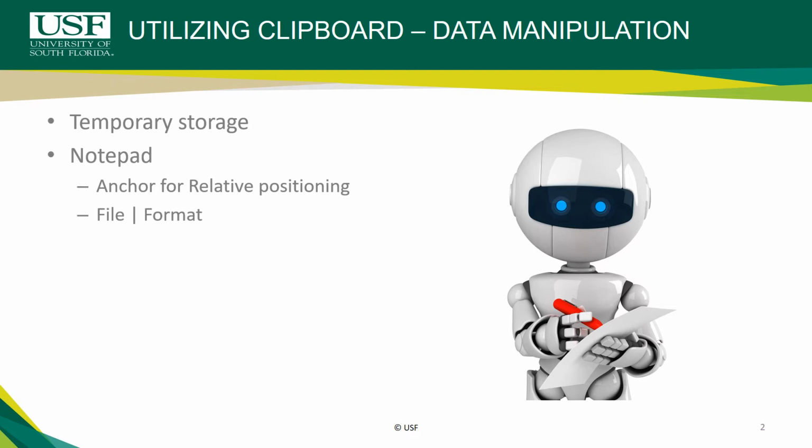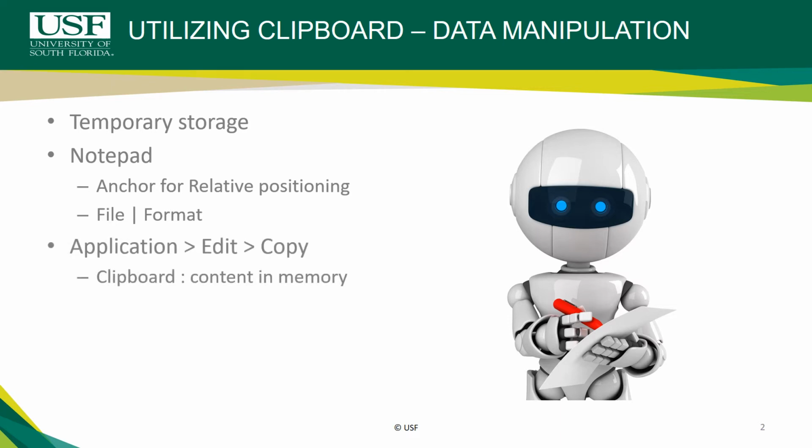The file and format is also a critical factor when we're working with Notepad, so that we can look under our definitions and we can look under our tools. We're working within a file. We're working within a specific format of content in order to identify whether we are using exact positioning or relative positioning.